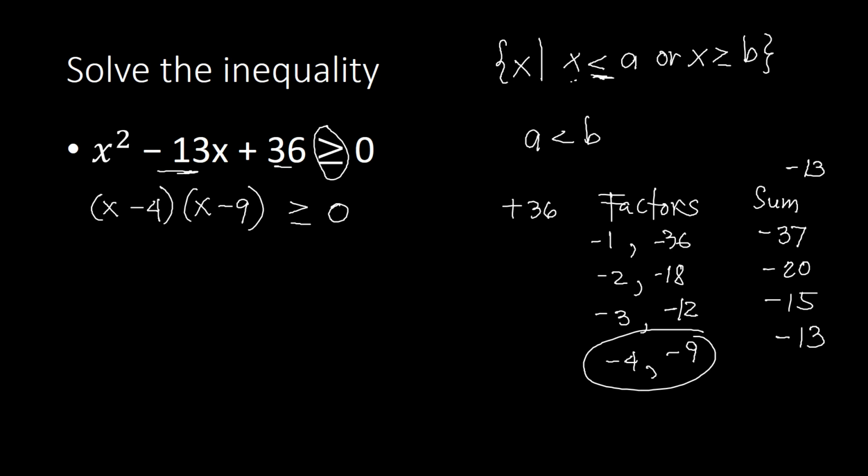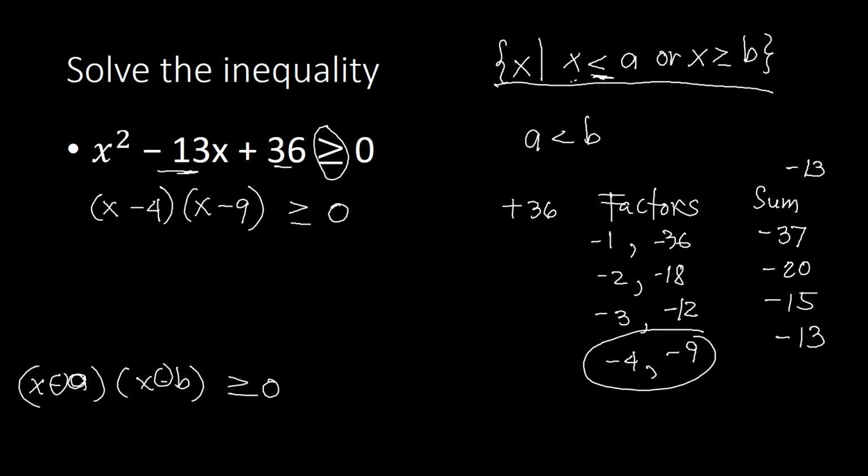So we are now in the format from a while ago, based on our theorem that if x minus a times x minus b is greater than or equal to 0, then our solution set will be this one. Since we have minus and minus here, we have a as 4 and b as 9, because comparing the two, 4 is smaller than 9, so 4 gets the a.